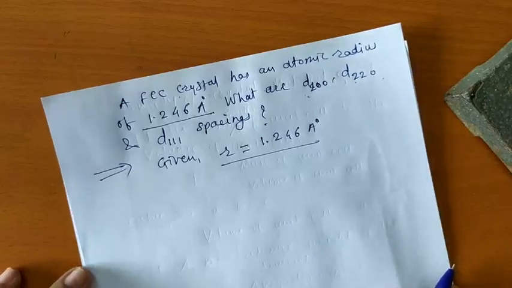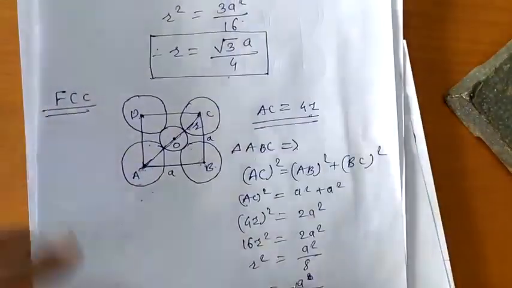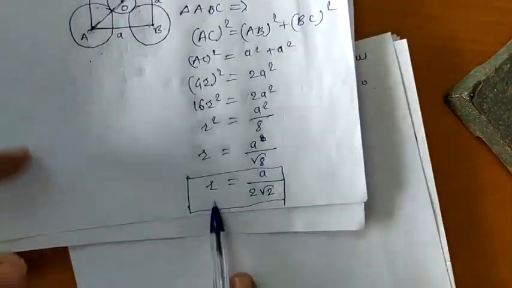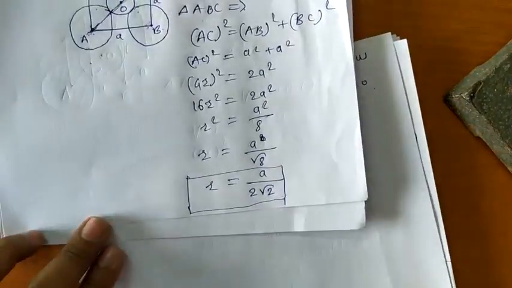Okay. Now we know that, आताच आपण बघितलं होतं, in case of FCC crystal, what is the radius? R equal to A upon twice root 2.